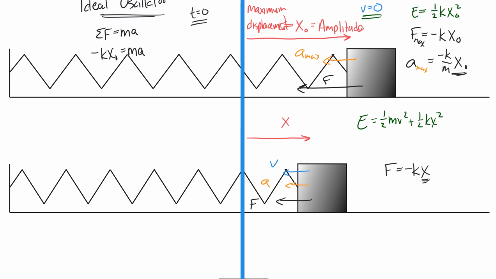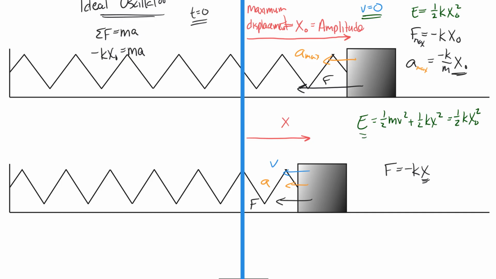But if nothing took the energy out of the system, this still has to equal 1/2 k x naught squared. The total energy is the same. It's just now split up. Some is in the kinetic energy and some is in potential energy. But the energy itself stays constant.